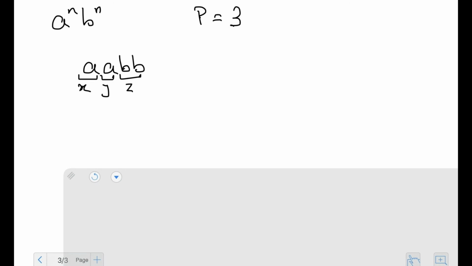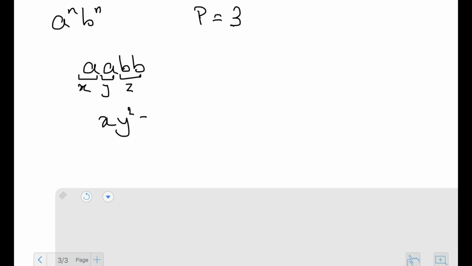Now when I do x y to the power 2 z, I have a, and then this is one y, this is another y, and then I have two b's, which is z. Now here I have 3 a's and 2 b's, which means that it does not belong to the language that I have here.